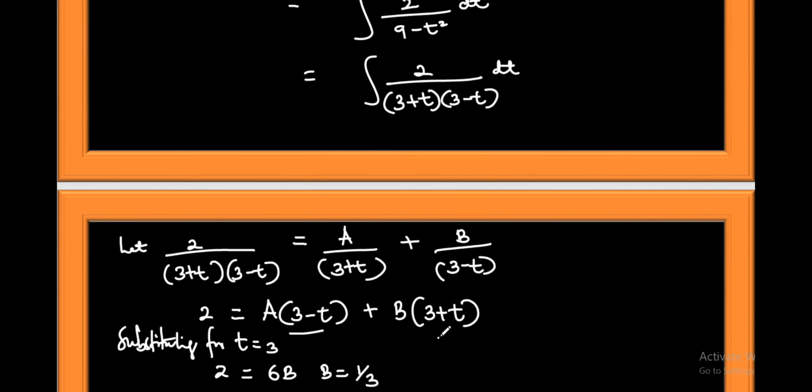We can also do the same, substitute another value, particularly t equals negative 3. And if you do so, we shall have 2 is equal to 6a. And that means the value of a also becomes a third. Then from here, we quickly move on.